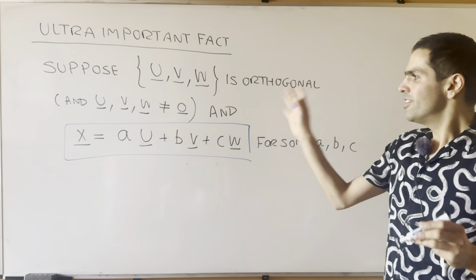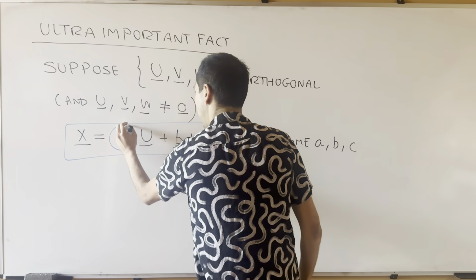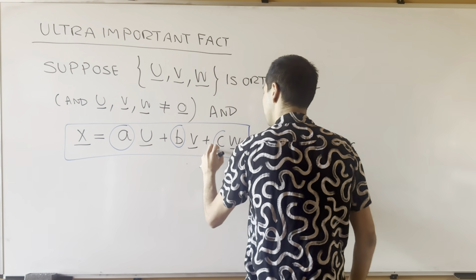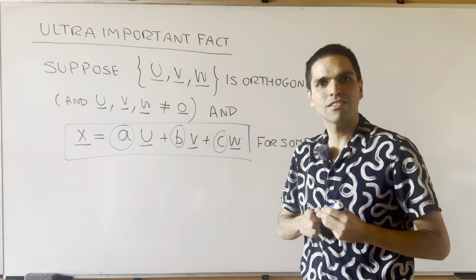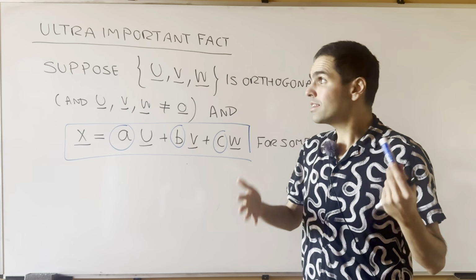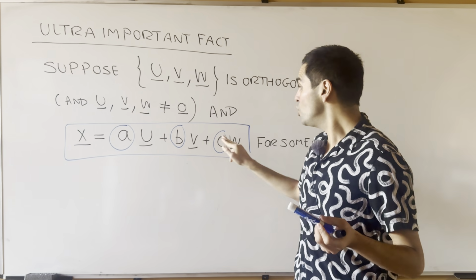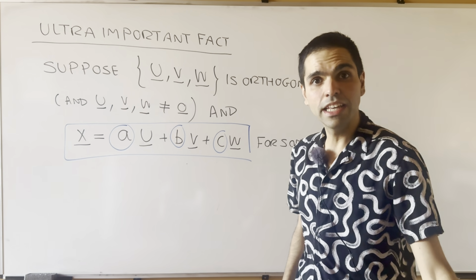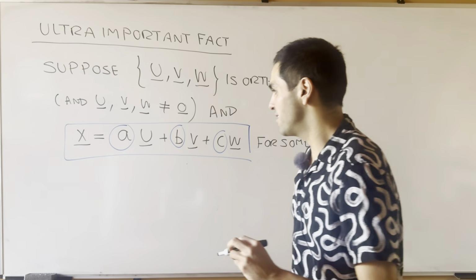Then, if you know a little bit of linear algebra, you may notice it's a real pain to find a, b, and c. Because you would have to row reduce, solve a crazy system of equations. But not so with orthogonality, because if u, v, and w are perpendicular, then it's actually very easy to find a, b, and c.